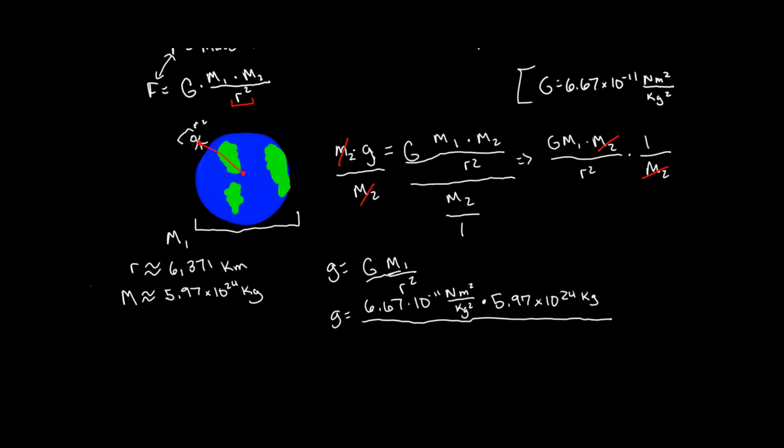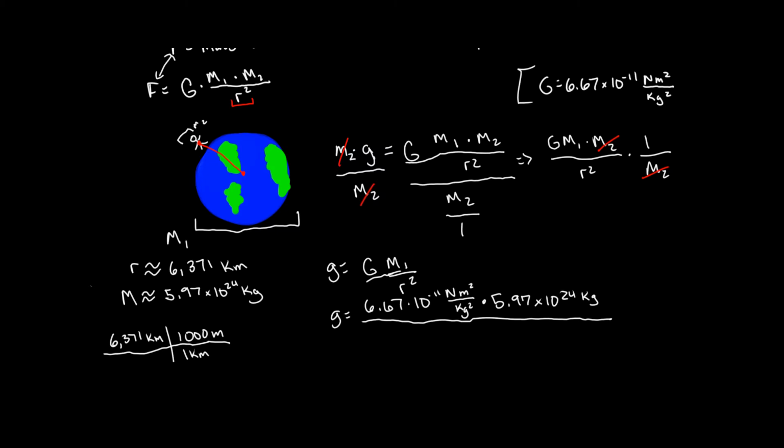And all of this over, we have kilometers here, but we're using meters. So we need to get this into meters. So we're going to say 6,371 kilometers. We're going to convert this. There is 1 kilometer per 1,000 meters.